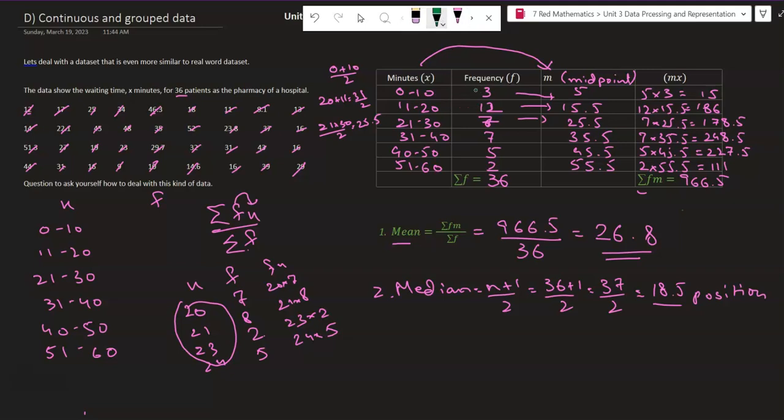So the first 3 positions will be 0 to 10 with a midpoint of 5, and then the 4th position starts and goes all the way to 12 plus 3, which is 15. Then the next position starts from 16 and goes all the way to 15 plus 7, that gives me 22, and it ends at 22. And so now my position 18.5 is lying between 16 and 22.